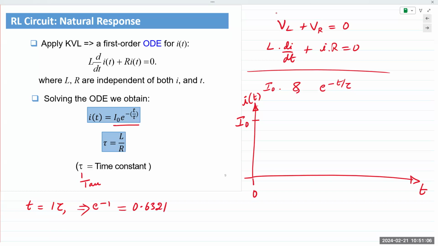No, actually, wait, I'm saying it the other way around. e raised to minus 1 is 0.63 or 0.37? After one time constant, the capacitor loses 63% of its value. So it is the other way around. It should be 0.37.